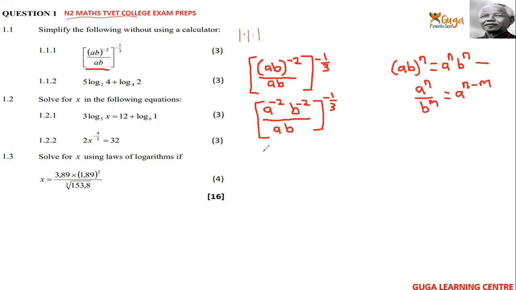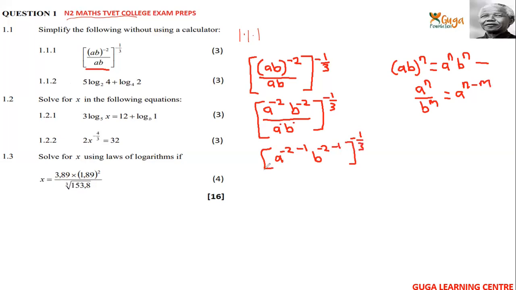Now here there is a power of 1 and here there is a power of 1. So you are going to have A to the power of negative 2 minus 1, and then B to the power of negative 2 minus 1, all raised to the power of negative 1 over 3.